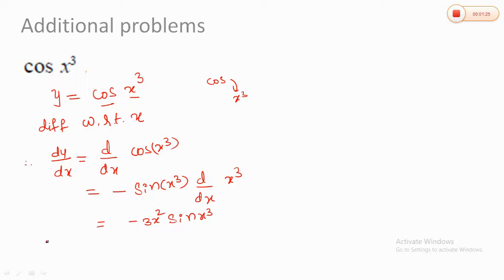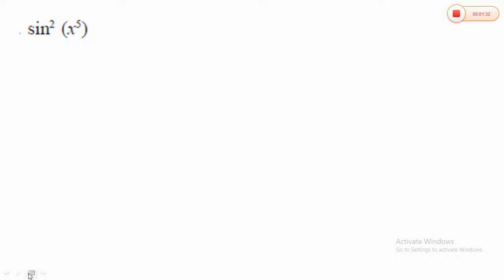Let's similarly go for the next example, sine square x fifth. Write this as y equal to sine square x fifth. Observe here, sine square means sine x fifth raised to bracket square.